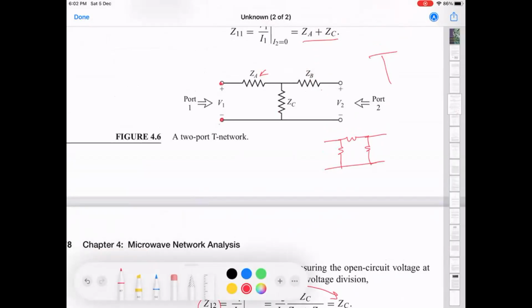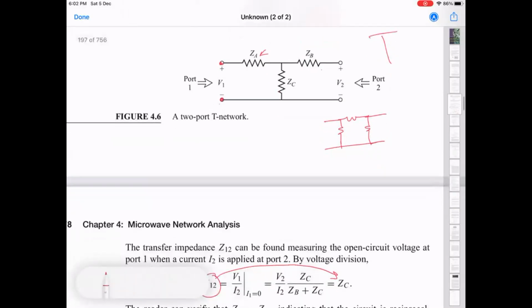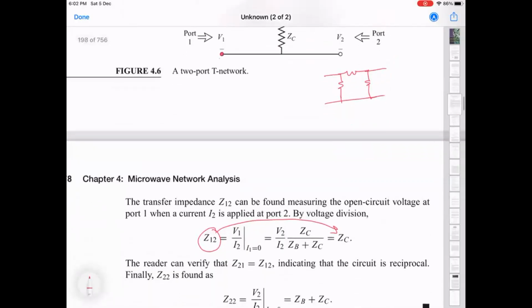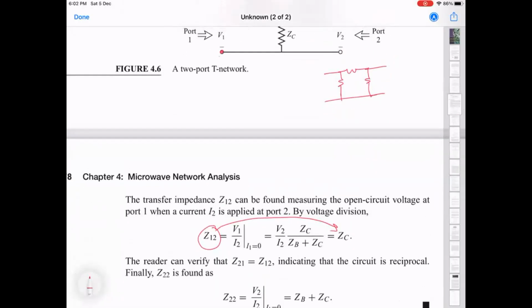We haven't said anything about ZA and ZB being the same or different. Yet Z21 and Z12 are the same. Now, it's a different idea that Z12 doesn't depend on ZA and ZB, which is why it is the same.